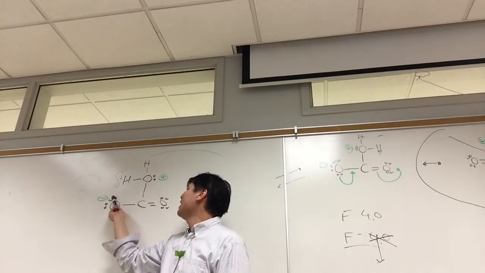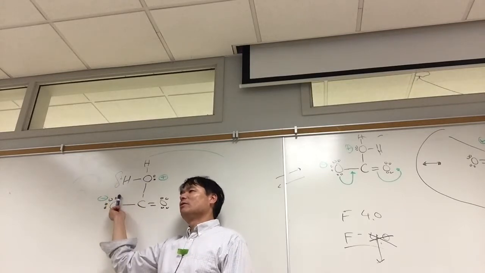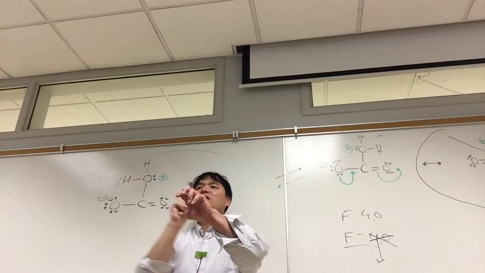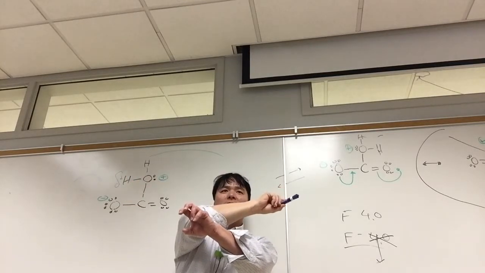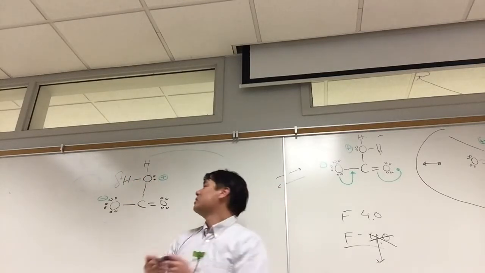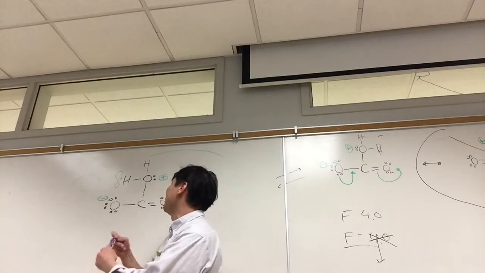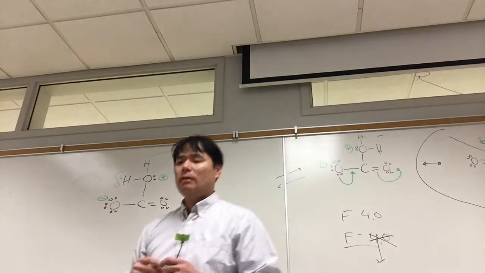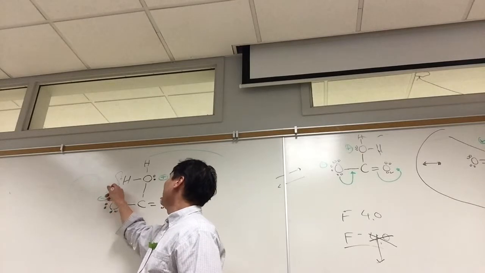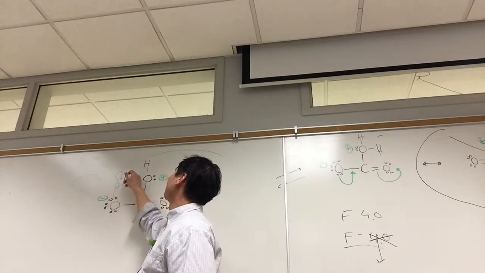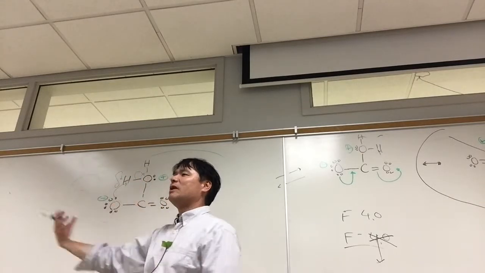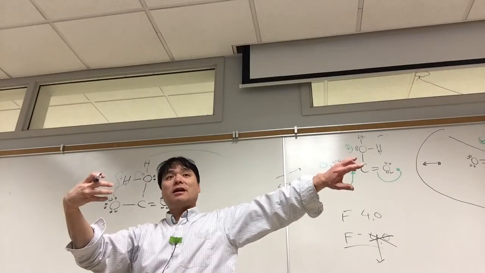One sp3 orbital comes in to the s, and it's going to kick the other sp3 electrons out. So these sp3 electrons come in to the s orbital here, these electrons get kicked out. One sp3 comes in, the other sp3 gets kicked out.